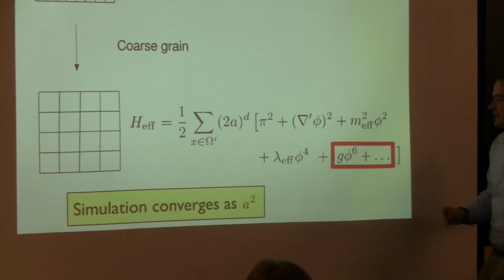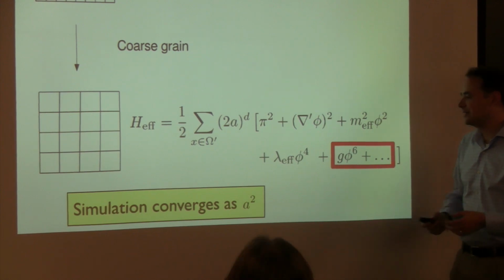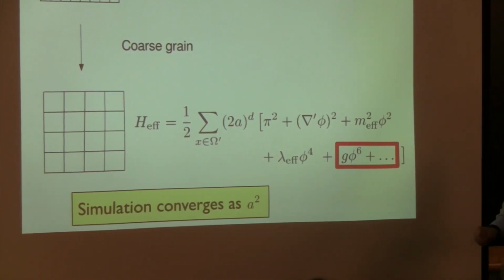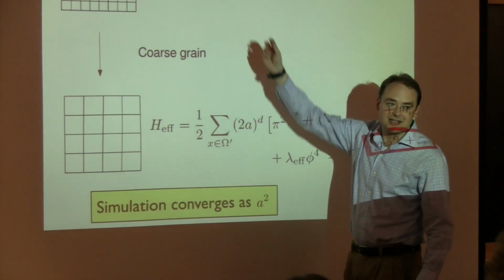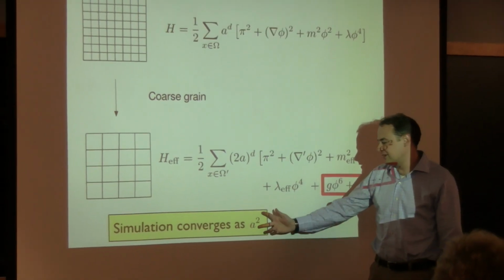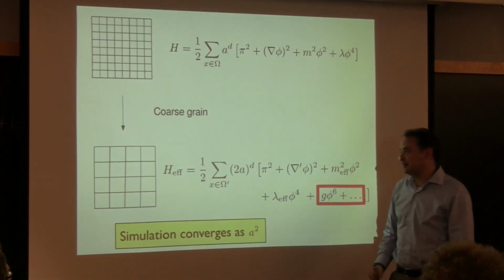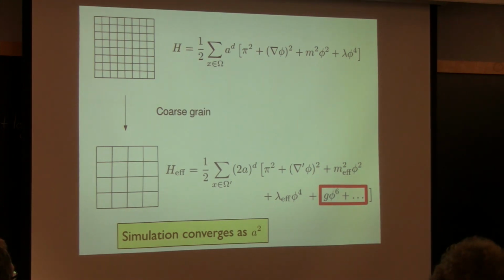And so you can analyze how these parameters scale. You can look at it by dimensional analysis, or in the perturbative regime, you can calculate them explicitly. And in both cases, you find that the things that are disappearing the slowest as you take this lattice spacing smaller and smaller are vanishing, in the number of spacetime dimensions that we looked at, quadratically with the lattice spacing. So that's pretty good convergence.